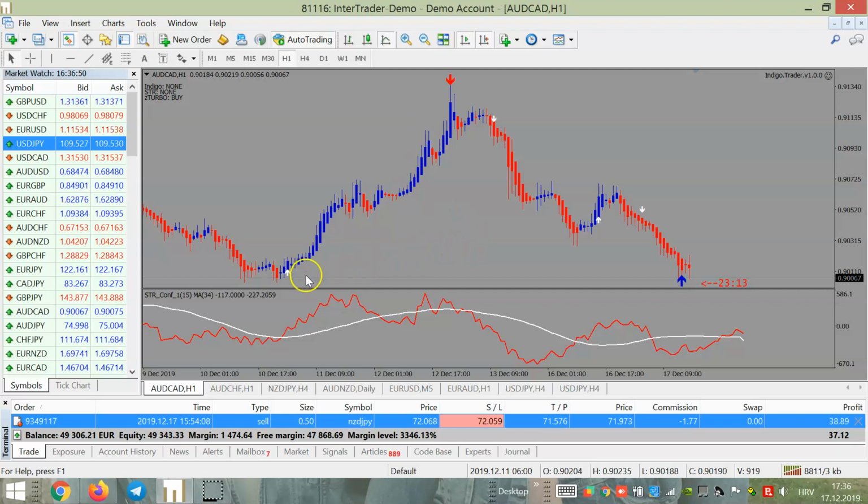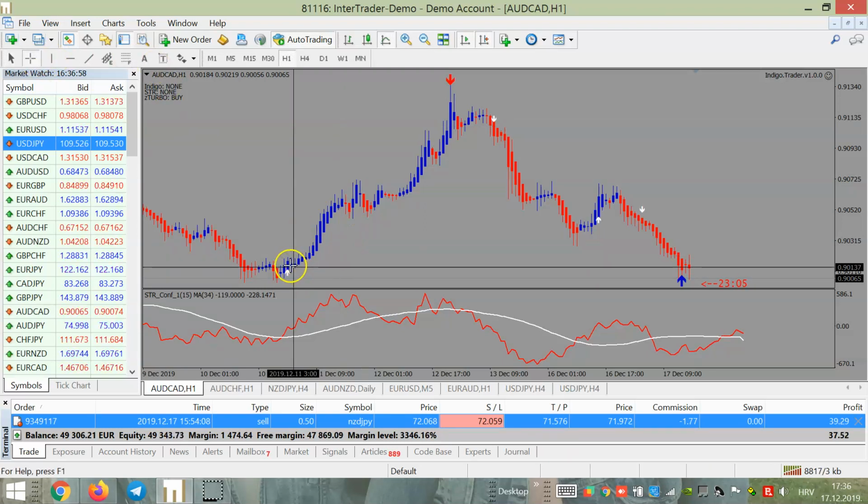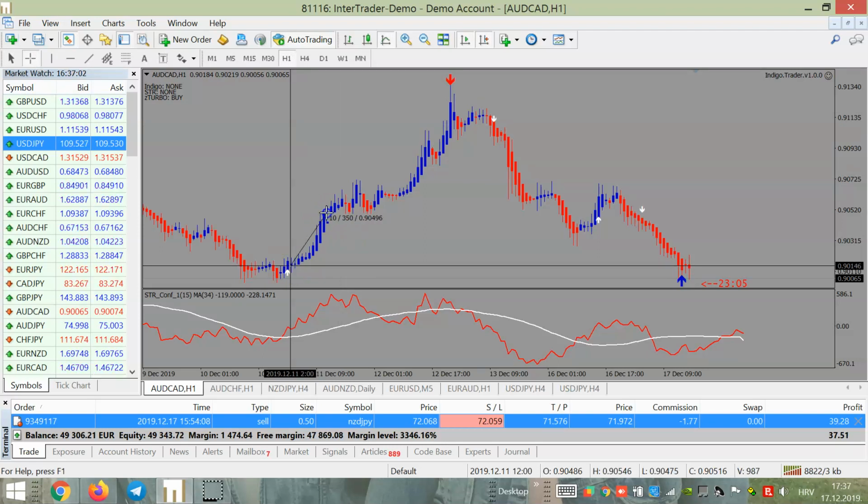Because maybe here, if you manually enter the trade, you will put maybe 20 pips or 30 pips take profit here, and you will be satisfied. But if you use this function, you will not make only, let's say, 30 pips, you can make even 100 pips.